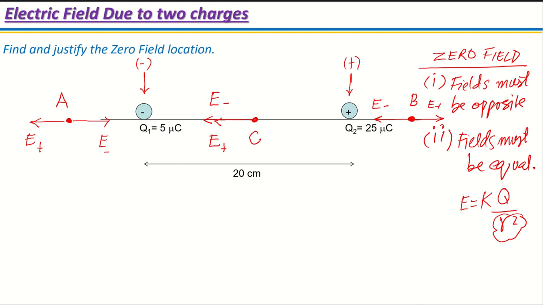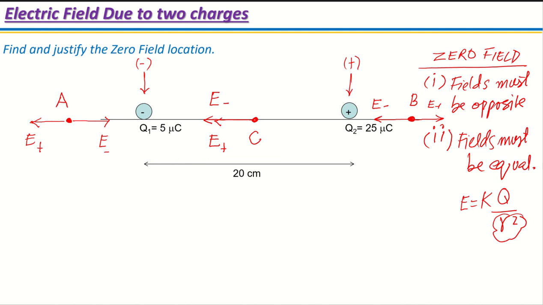So there is no possibility that the electric fields could be equal at point B because of the larger charge. And there is a possibility that the electric field of a stronger charge at a larger distance could be a smaller electric field, equal to that of the charge q1.